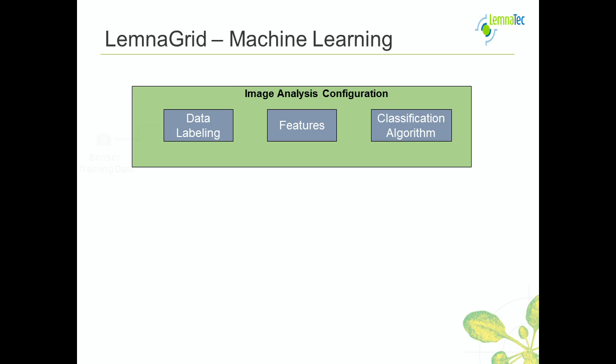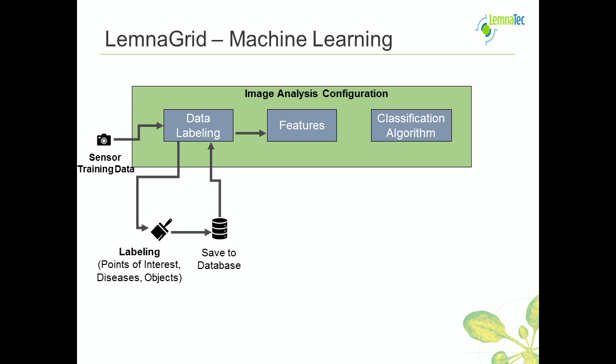For the machine learning approach, we start with training data. You have your data. For example, you want to detect plants from non-plants, or you want to classify different types of plants or fruit. So we start by adding the sensor training data and labeling points of interest. If you want to detect disease or objects, you can just click and select the area that you want.